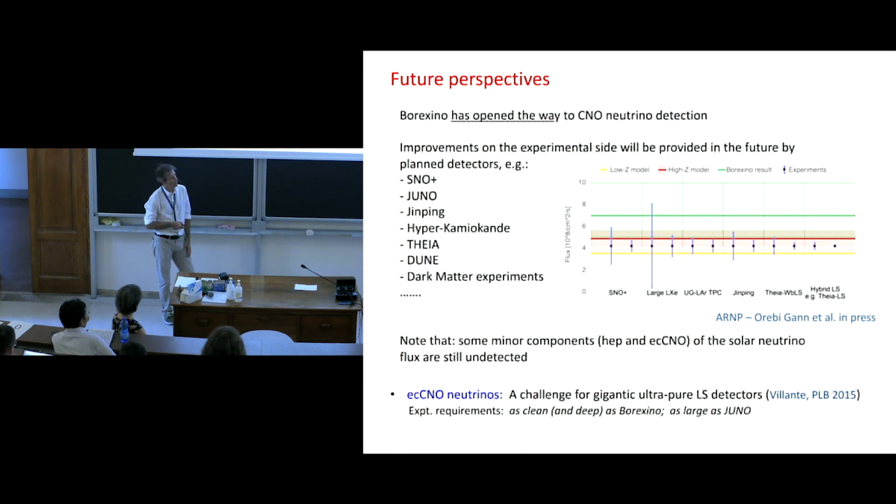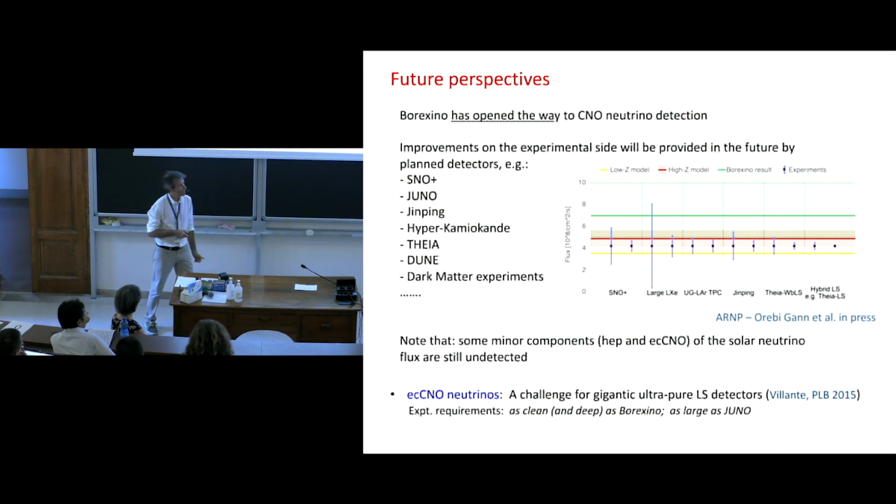But moreover, they are monochromatic. And so in principle, if they are detected, they could help to extract the survival probability of solar neutrinos at a well-defined energy, which is approximately 2 MeV, so in the middle of the transition region.